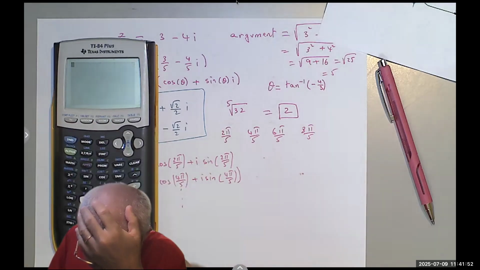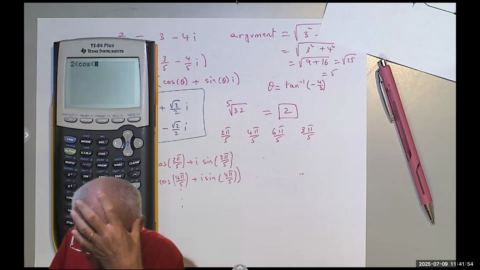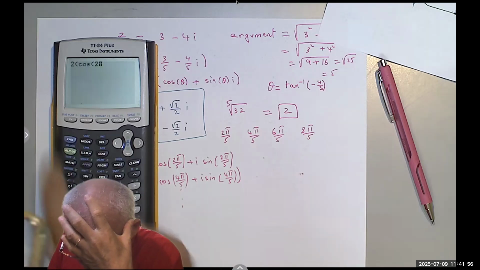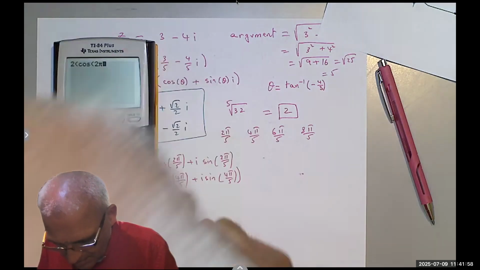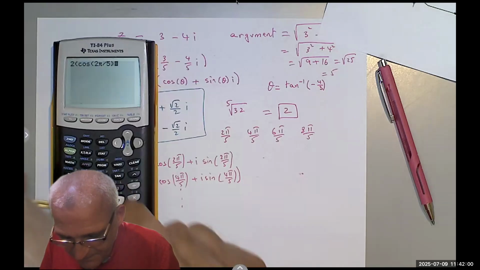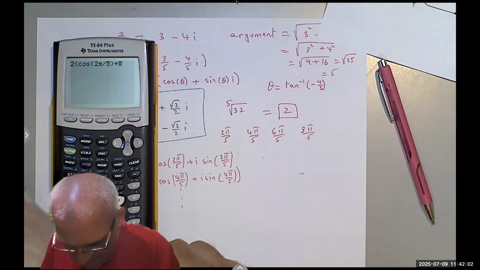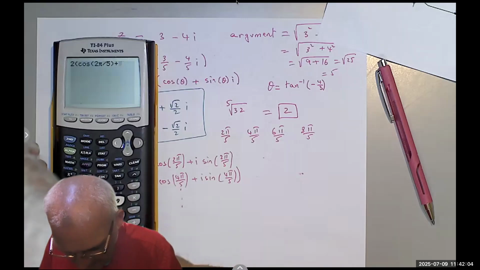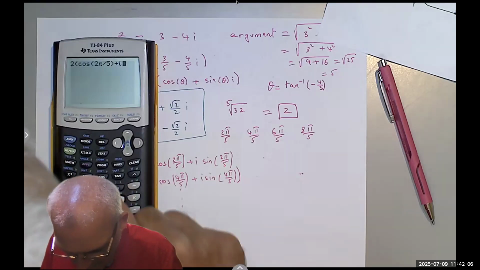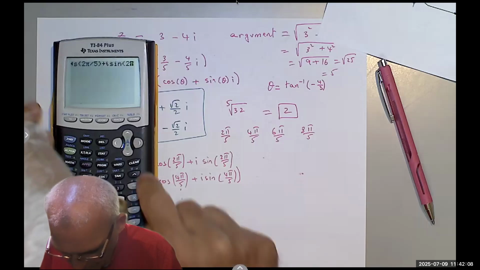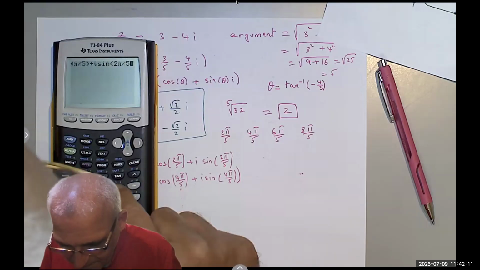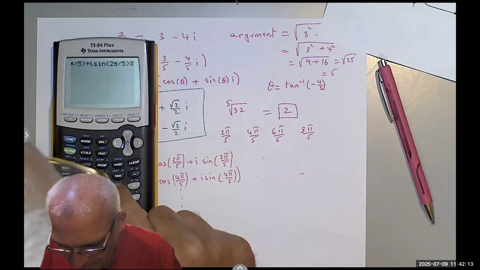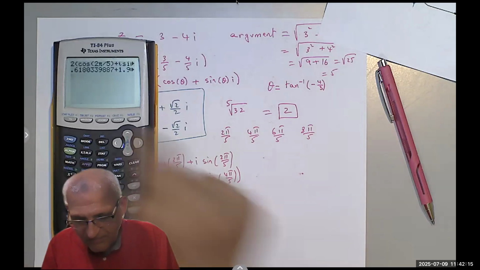Just want to make sure, yes, I'm in radians. So I'm going to say 2 times cosine 2 pi over 5 plus i sine 2 pi over 5. So it gives me some number.